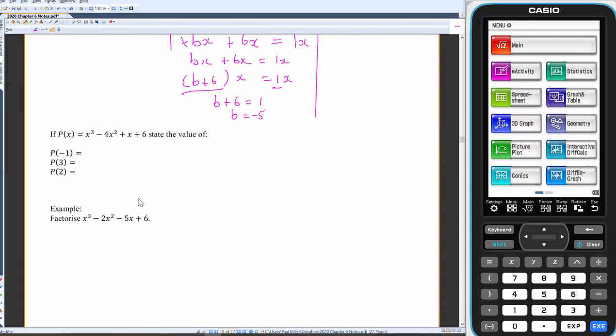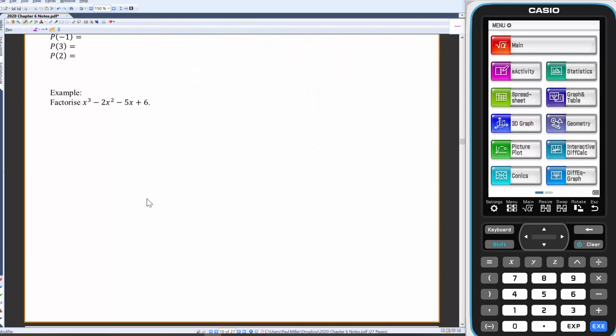All right, let's try another one using the equating coefficients method. We want to factorize this one here, so let p of x equal x cubed take 2x squared take 5x plus 6. Recall we're going to try to find a linear factor by trial and error.